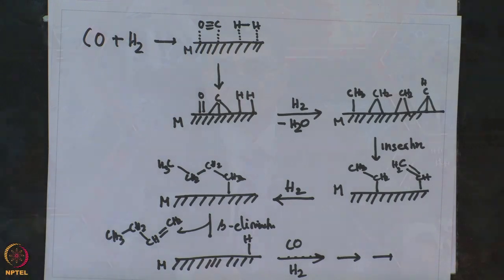So, this is a wonderful model which explains the polymerization of methylene groups at the catalyst surface, and provides a key insight as to how the reduction of carbon monoxide to methane so formed can develop into higher alkanes through the course of this reaction.